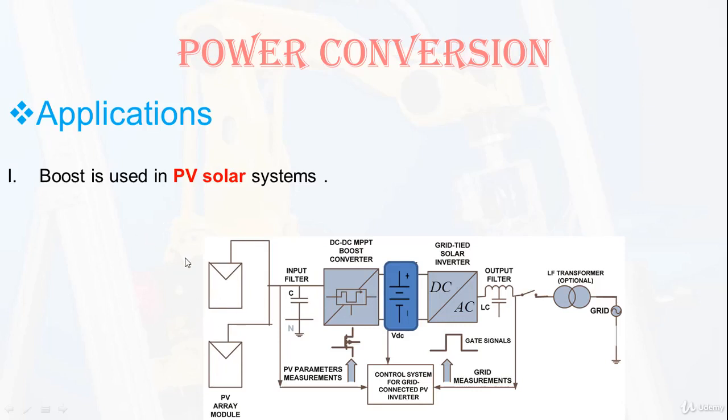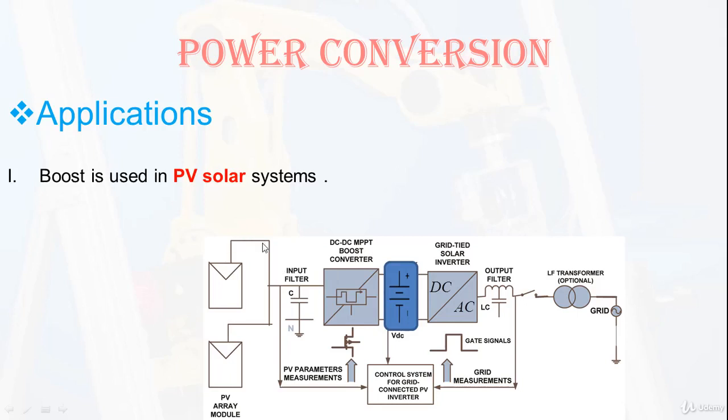When sunlight falls on these solar cells, there will be free electrons which go to our input circuit. This will make an input current or input voltage to our circuit.